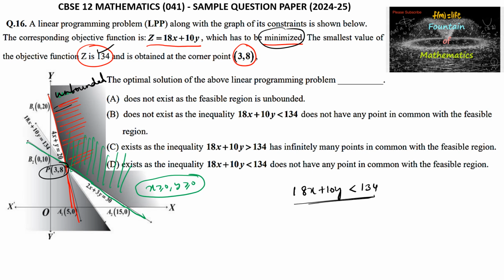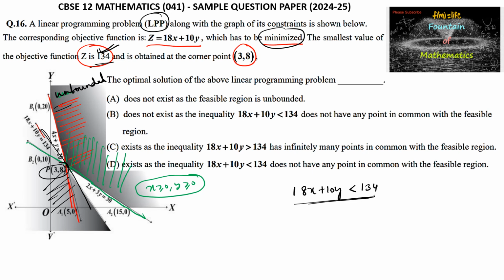And this line 18x plus 10y is equal to 134, we can see that the region less than 134, which is towards the origin, does not have any point in common with the feasible region, and hence we can say that this linear programming problem has a minimum value 134.